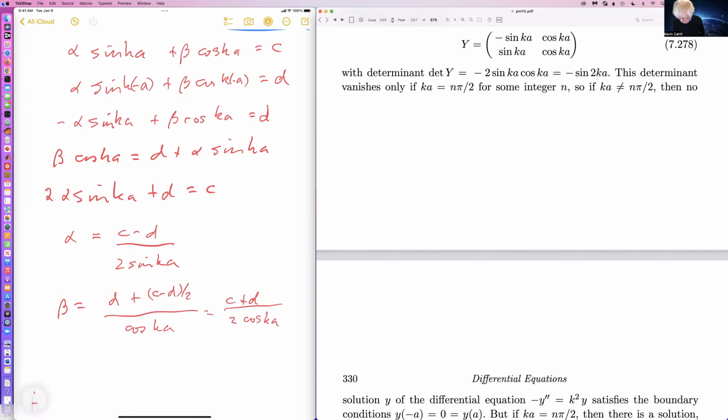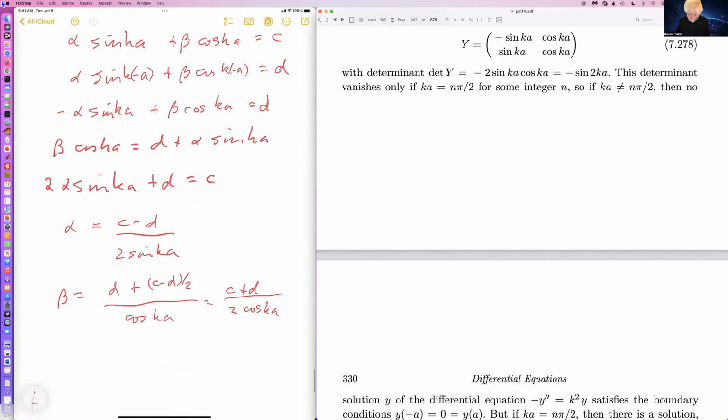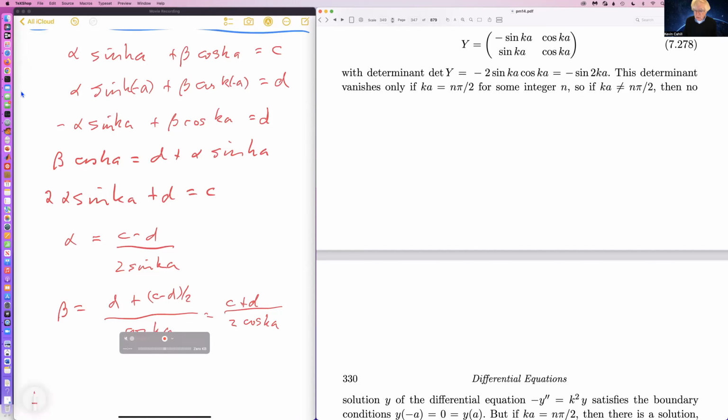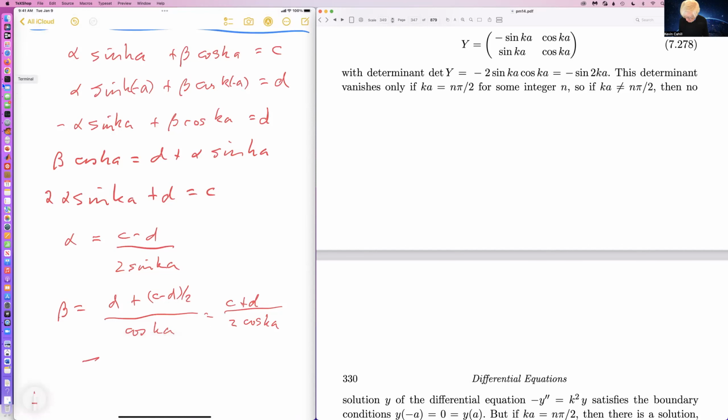So what we've got is two boundary conditions, and we're dealing with the differential equation minus y double prime is equal to k squared y.